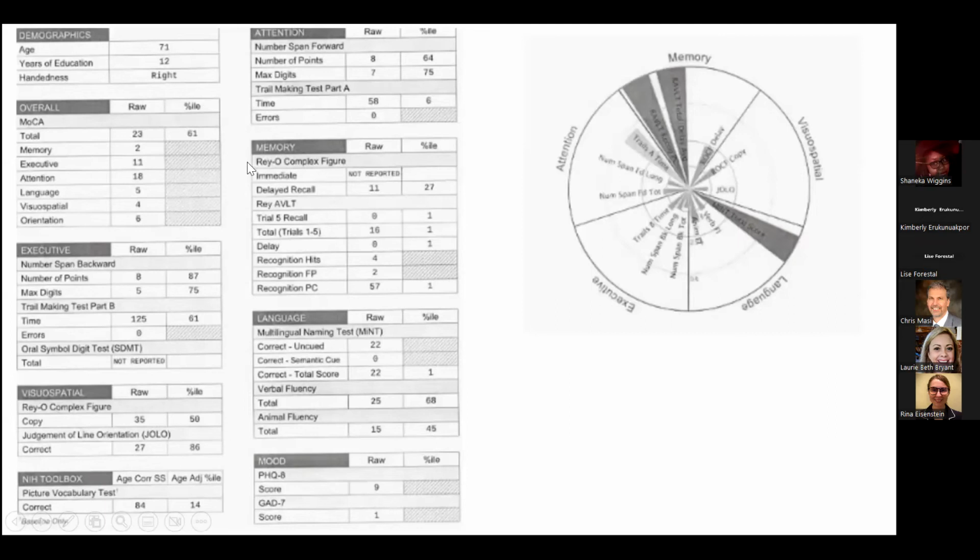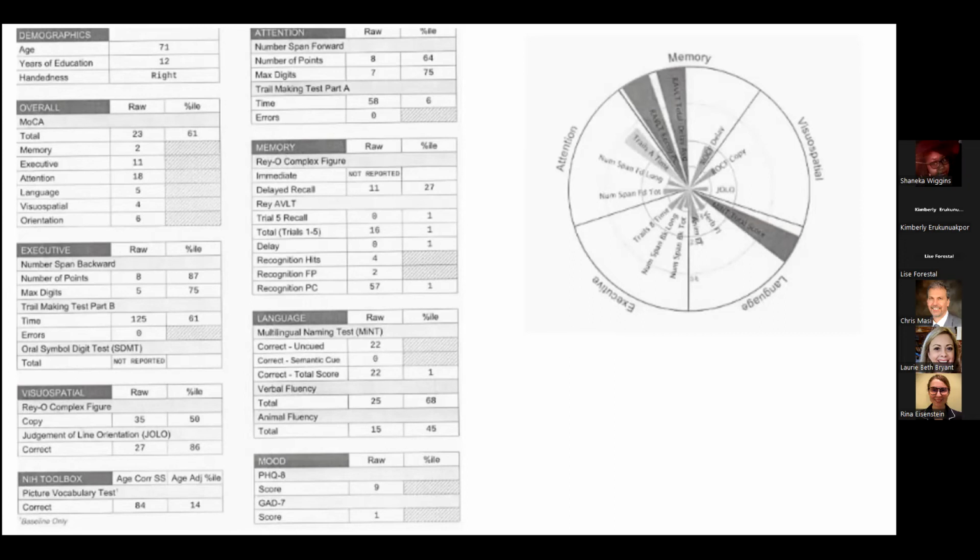So when you reach memory, what is really abnormal in this output is that definitely the Brief Visuospatial learning test was very low. He learned very few words. Remember, we said 16, and he couldn't remember anyone. So definitely the memory domain in this cognitive assessment is very impaired.